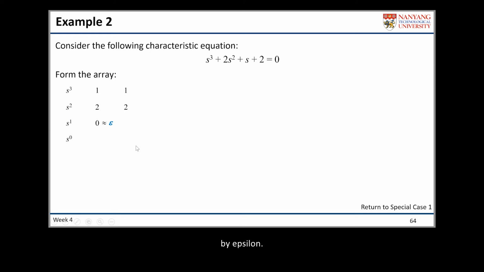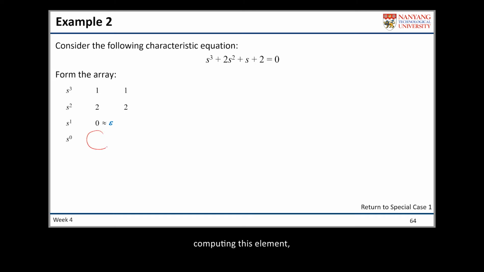by epsilon. What is epsilon? We define epsilon as a positive but very small number, close to 0. If you define this 0 as a positive small number epsilon, you can proceed with the next row.